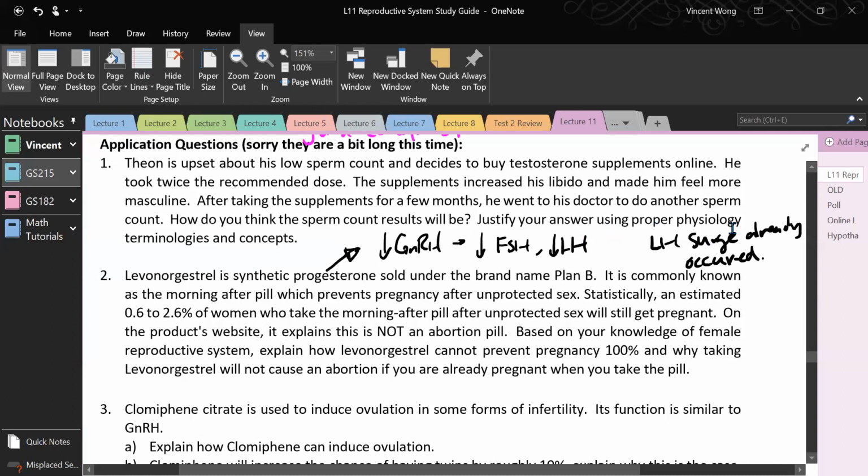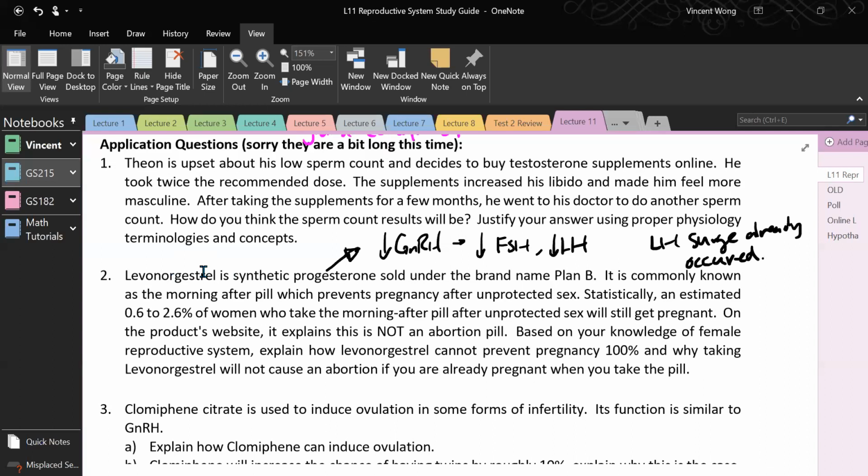If ovulation has already occurred, then taking this will not prevent pregnancy. There's still a high chance the egg is going to meet the sperm and the person gets pregnant. This will only work if you have not ovulated yet. Taking this will prevent ovulation, but once it's ovulated, there's still a high chance of getting pregnant.